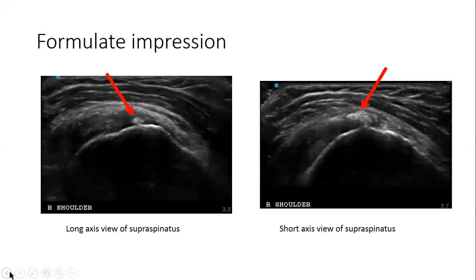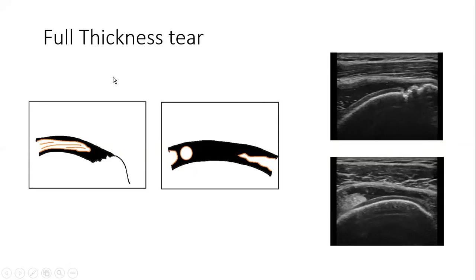All right, so before we move on to the image cases, one more thing. So this is a full thickness complete tear because there's no tendon here. There's one more category where you can get full thickness, but it may be incomplete.